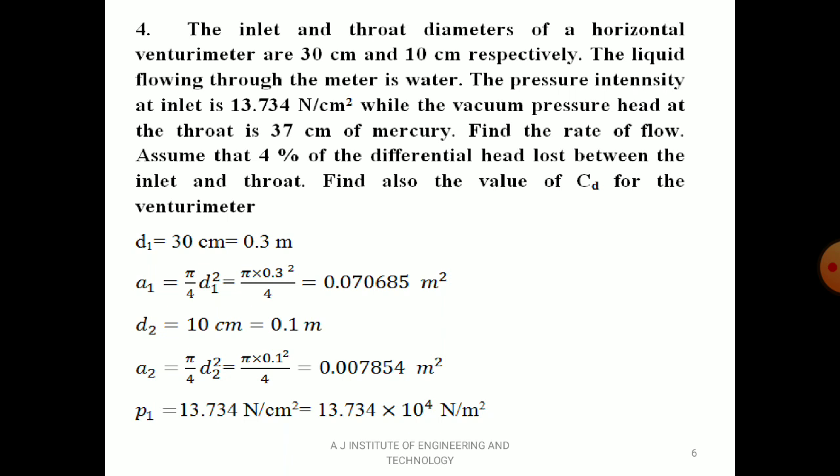So P2 divided by rho m g equal to 0.37 into minus 1 because it is a vacuum pressure, that is minus 0.37 meter. From that you can calculate P2: P2 equal to minus 0.37 into rho m g. What is rho m? Rho m is the density of the manometric fluid, mercury in this case, equal to 13,600 kg per meter cube, and g is acceleration due to gravity, 9.81.